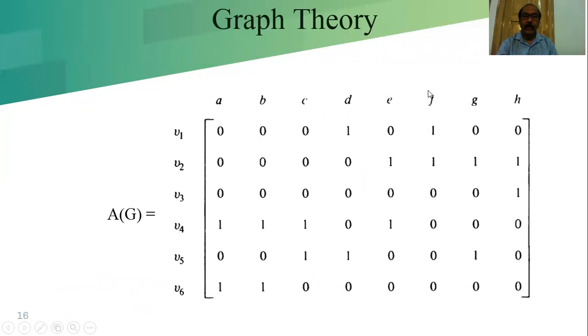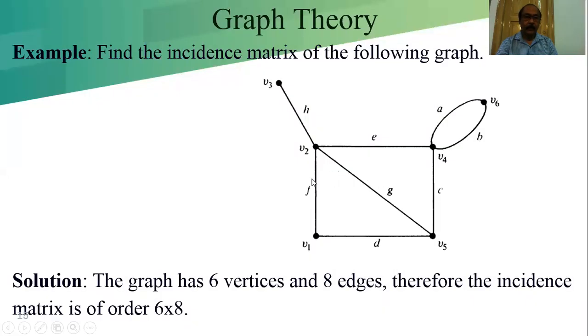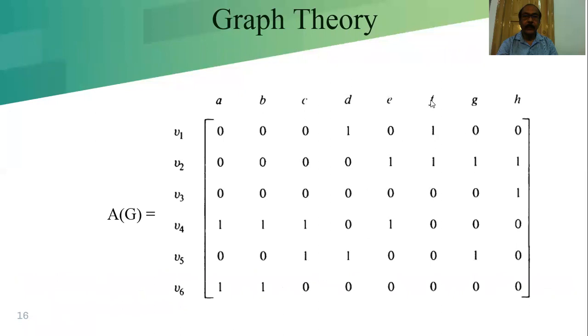Now we take F for checking that. It is connecting the two vertices V1 and V2. So for V1 it will be 1 and for V2 it will be 1, and the rest of the elements corresponding to this edge F will be 0.